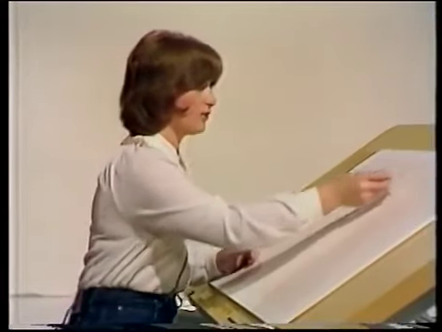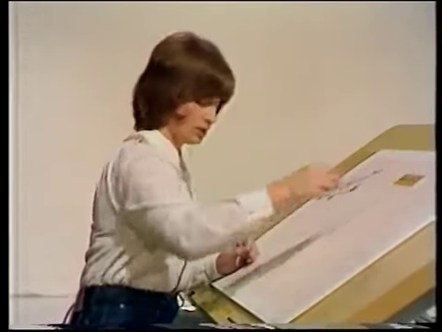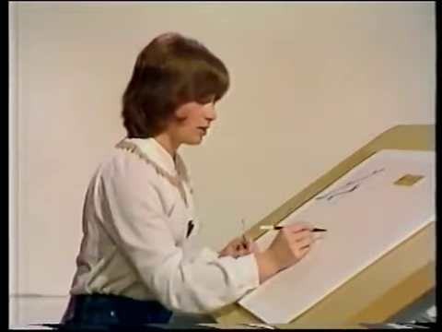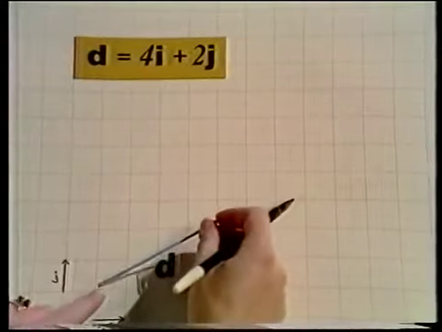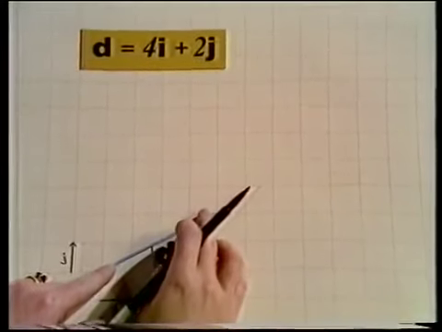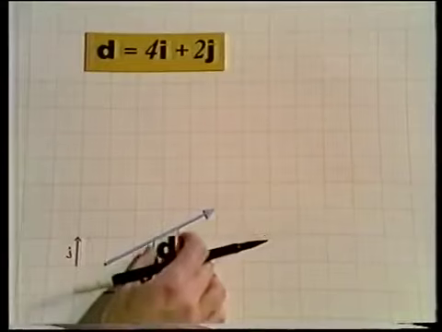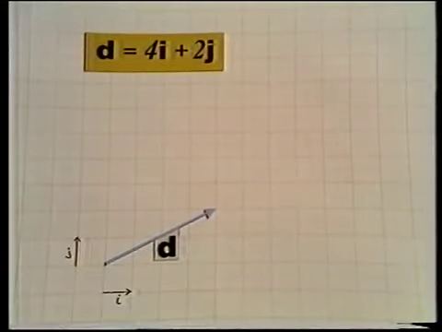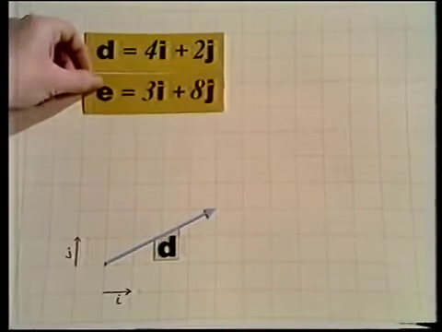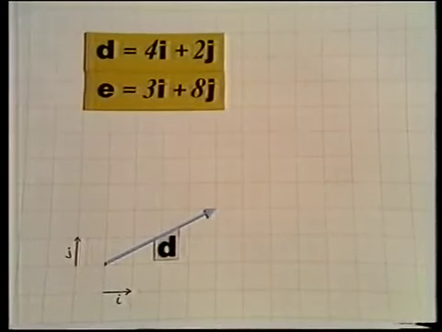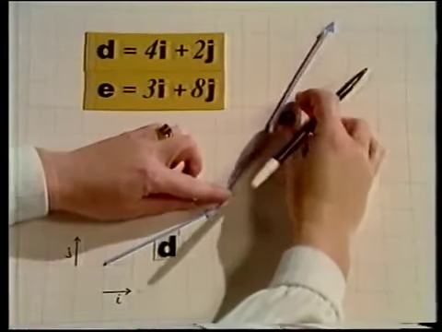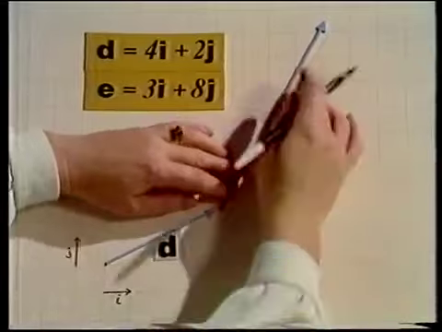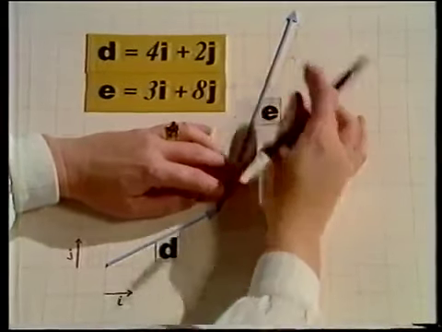I'll take this vector D, which is 4 lots of I and 2 lots of J, like that, and then add to it the vector E, which is 3 lots of I and 8 lots of J. That's 3, 8.